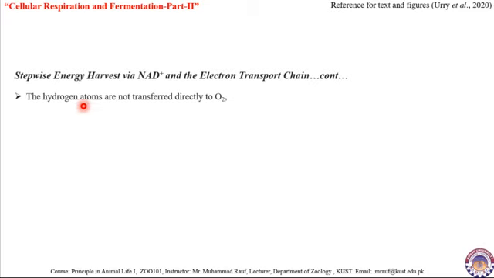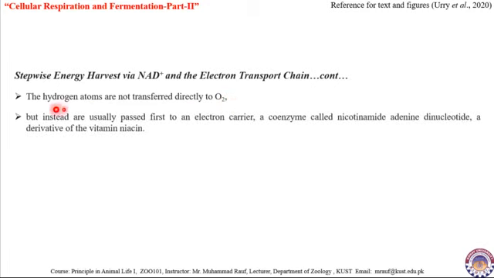The hydrogen atoms are not transferred directly to oxygen, but instead are usually passed first to an electron carrier, a coenzyme called nicotinamide adenine dinucleotide, which we refer to as NAD.